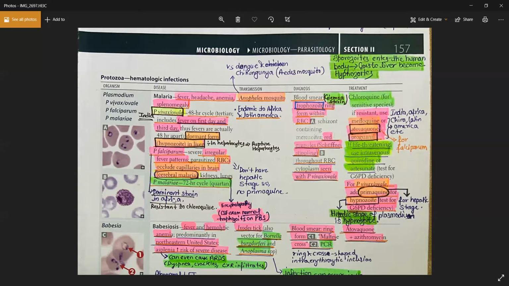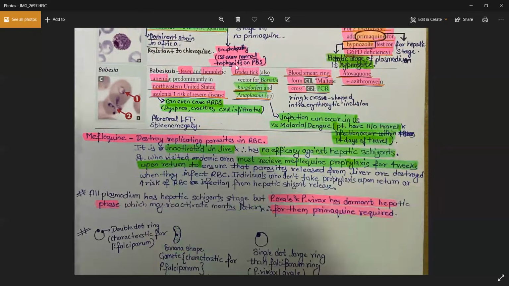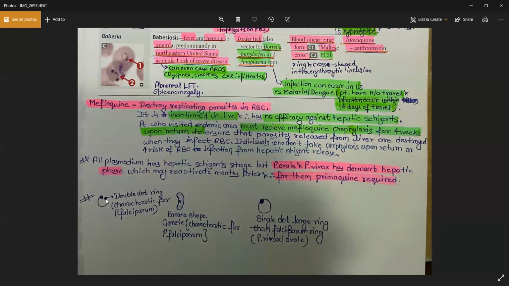And only in case of vivax or ovale, you will get Schüffner's stippling, which is a stippling in the RBCs. And one more thing that I want to tell you guys is that you can expect a double dot ring in case of falciparum, and a single ring in case of vivax and ovale.